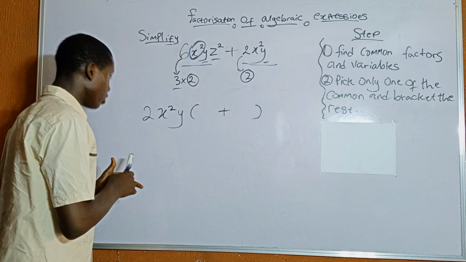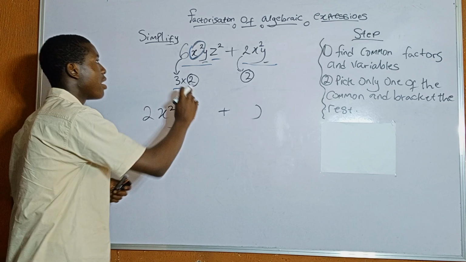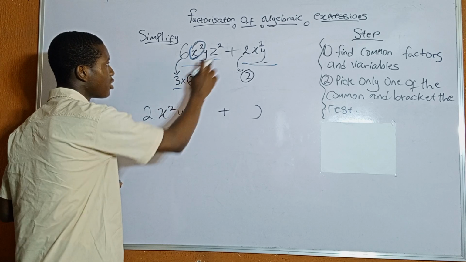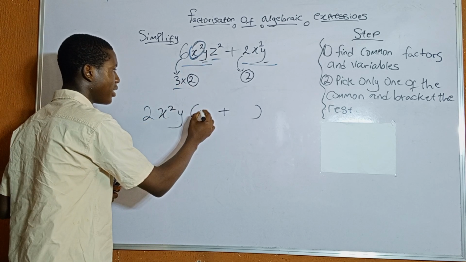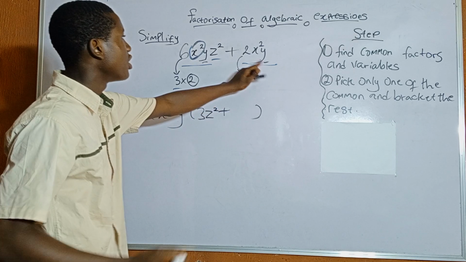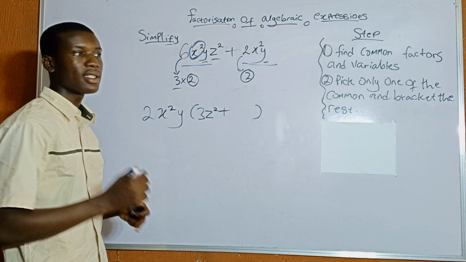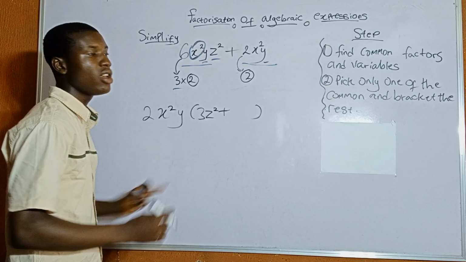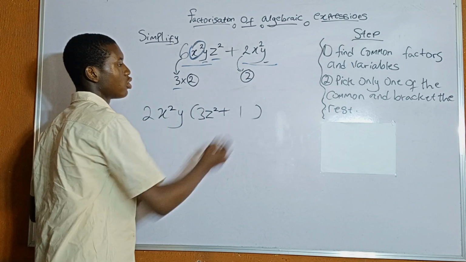So all we are going to do is write down the ones that are not common inside the bracket, which is 3 multiplied by z squared, which will be 3z squared. And for this side, we don't have anything that is not common. We've picked out everything which is here, so we'll just say plus 1.